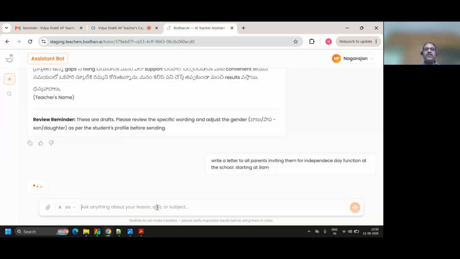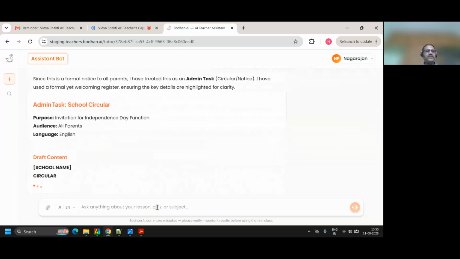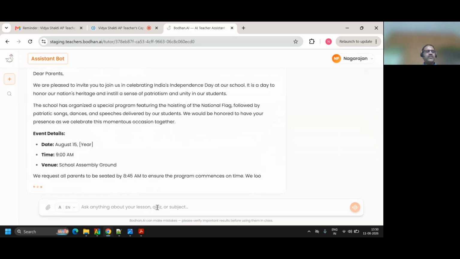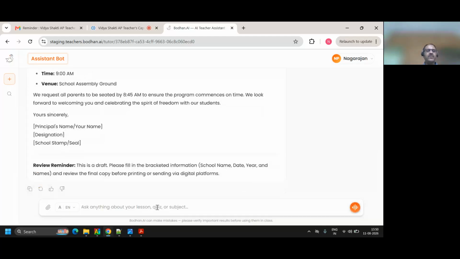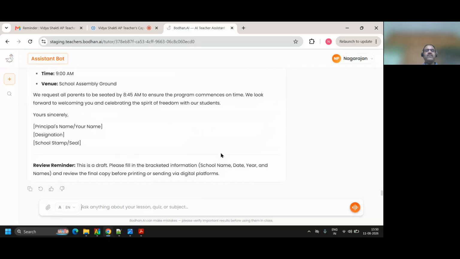Now we can do that letter writing. This is an administrative task. Now it has clearly given even details. Venue, school assembly ground. It may be wrong; it may be the school main hall, so you may have to correct it. All these things will become very handy when we start using these tools.